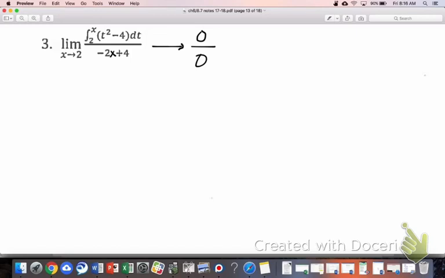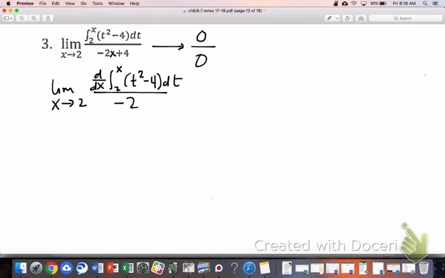Okay. Now that we've respelled correctly, we get this 0 over 0. L'Hopital's rule is in effect. Here's why I like this question. Limit as x goes to 2. Derivative of the denominator is super easy, just negative 2. Derivative of the numerator: d/dx of the integral from 2 to x of t squared. What is this?